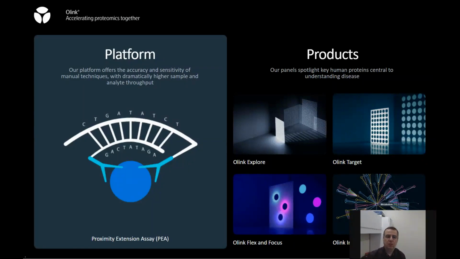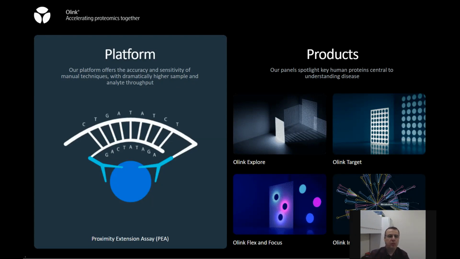As you can see from the diagram on the left, there's a pair of antibodies that lend exquisite specificity and sensitivity. The readout is via a DNA that's barcoded. As you see from the hybridization of the DNA, it's the proximity of two different antibodies against the same protein biomarker that end up being amplified as a DNA digital readout signal.